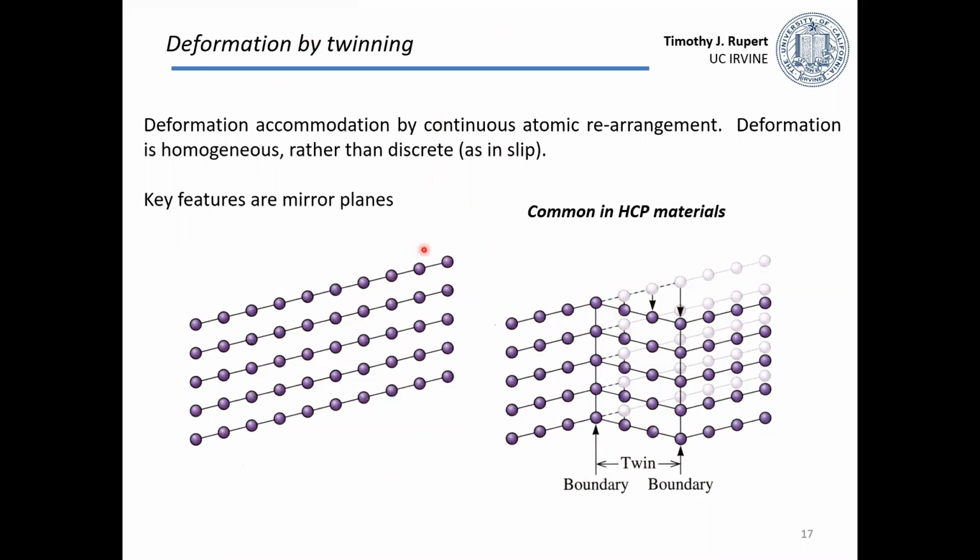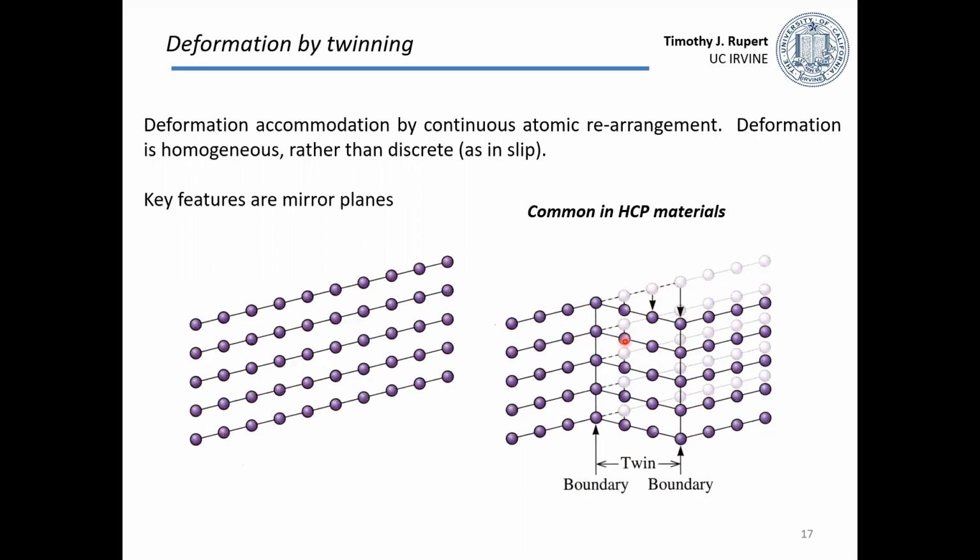That's a process where we take this perfect crystal and shift it such that now there are these two mirror planes inside of my sample. You're seeing that on the right and left, I run into atoms at the same place on both of these two planes. So they look like two little mirror planes.